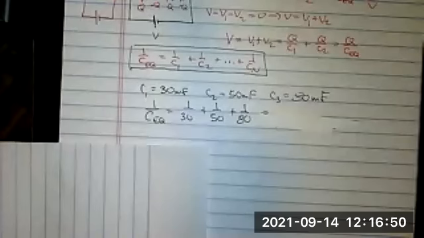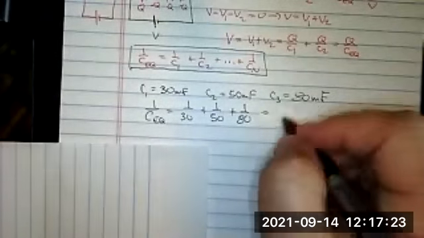Plus... still working on it. Hold on, folks. So that is 65.833 times 10 to the negative third.